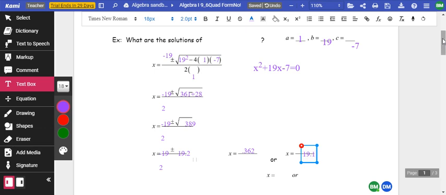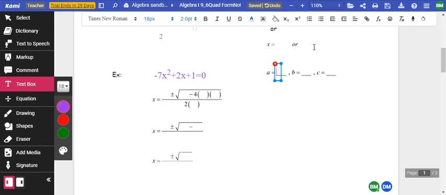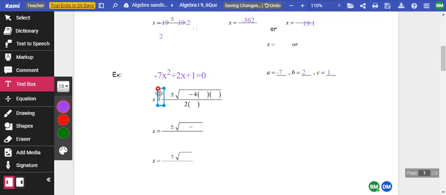Okay, let's do another one. My A is negative 7, my B is 2, my C is 1. We're going to plug this in.